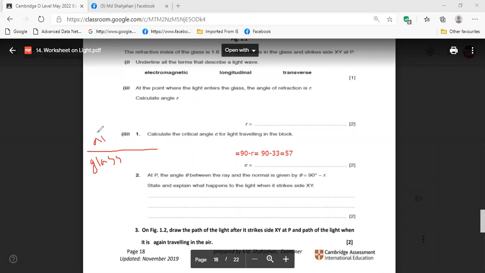Okay. So here is normal. Now, if angle of incidence, you see here, angle of incidence is greater than critical angle. Here I is angle of incidence. It is greater than critical angle.